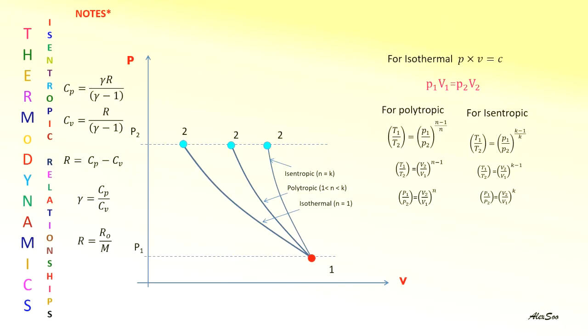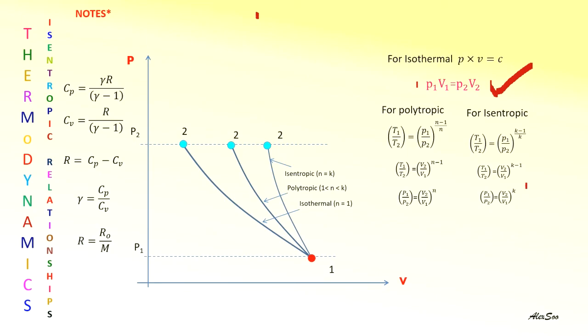Okay, so this slide here is basically a revision of what we have done in the previous slide, or the previous podcast or video. For isothermal, you are limited to use this, and for isentropic, you can use this.